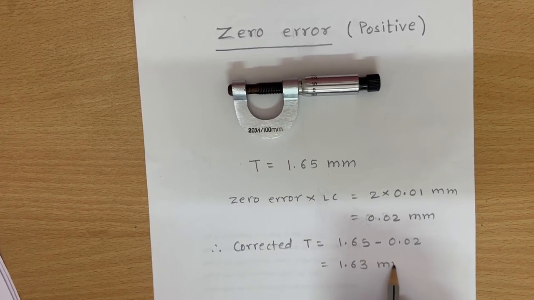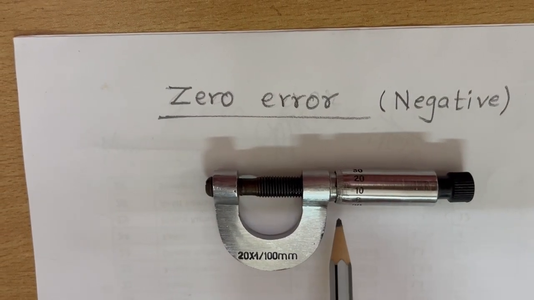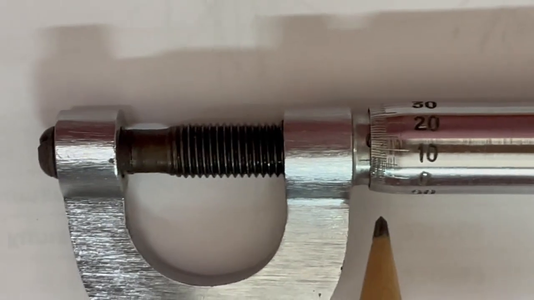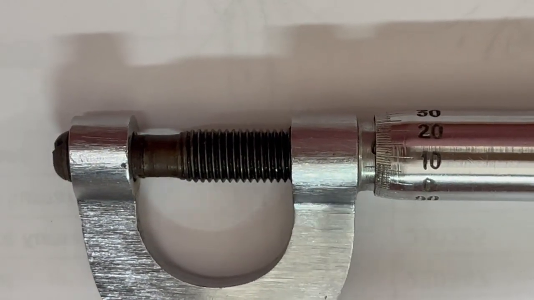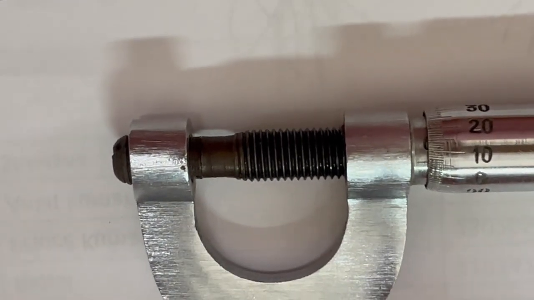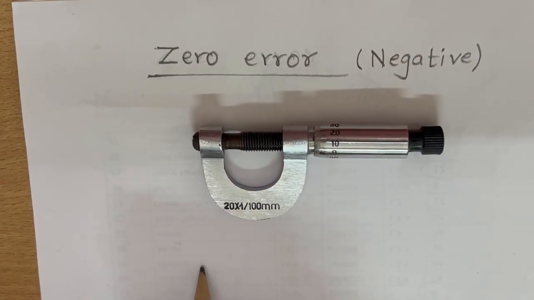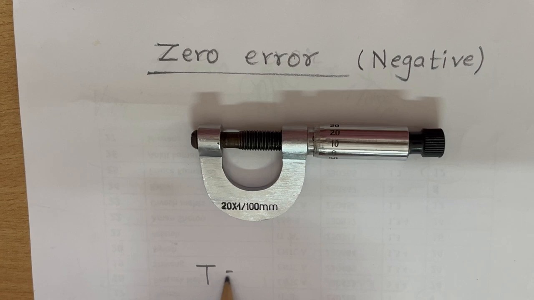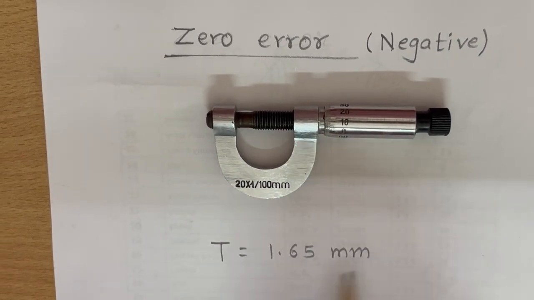In negative zero error, you can see the zero of the vernier scale is 3 lines below the reference line. This is called the negative zero error, which will be added to the total reading. As earlier, we have the total reading T equal to 1.65 millimeters.